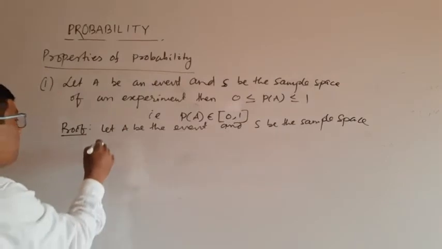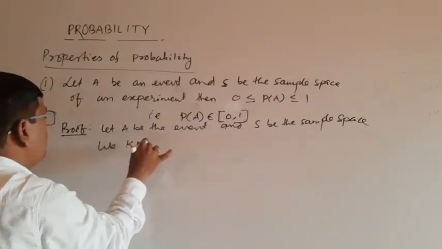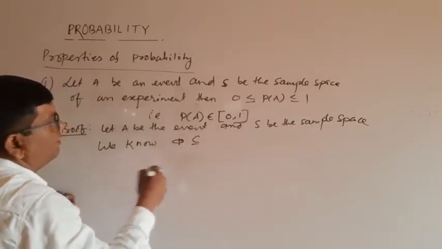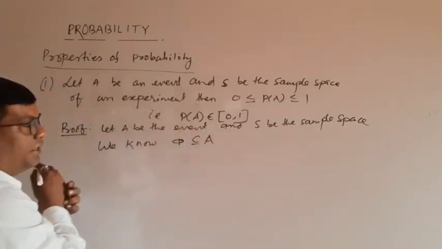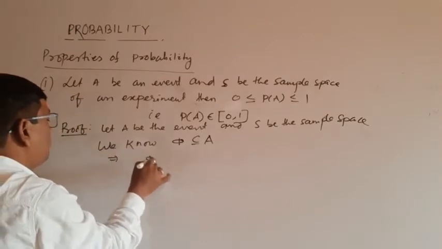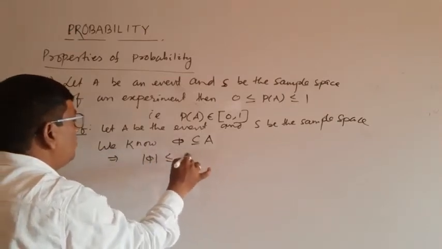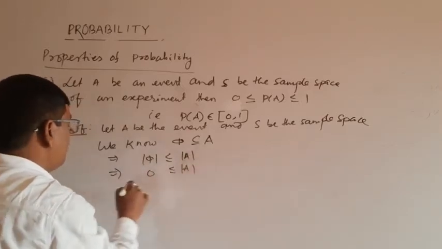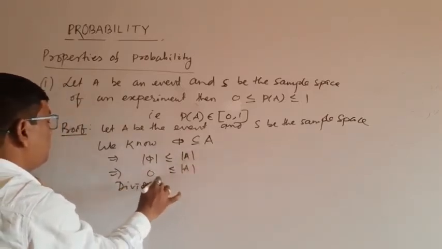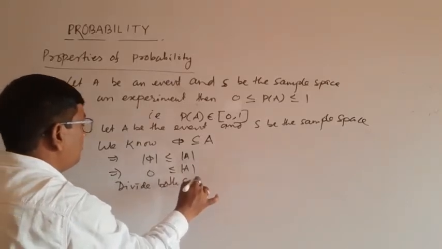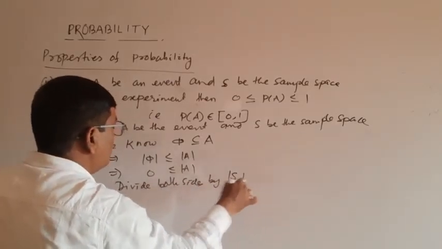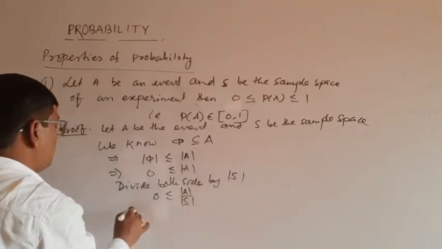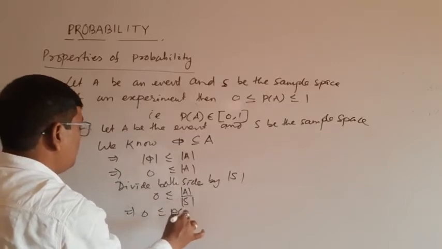We know phi is a subset of every set, that is, of the event A. That implies cardinality of phi is less than or equal to cardinality of A. Phi mode means 0, so 0 is less than or equal to cardinality of A. Divide both sides by cardinality of S. So 0 is less than or equal to cardinality of A divided by cardinality of S. That implies 0 is less than or equal to P of A.